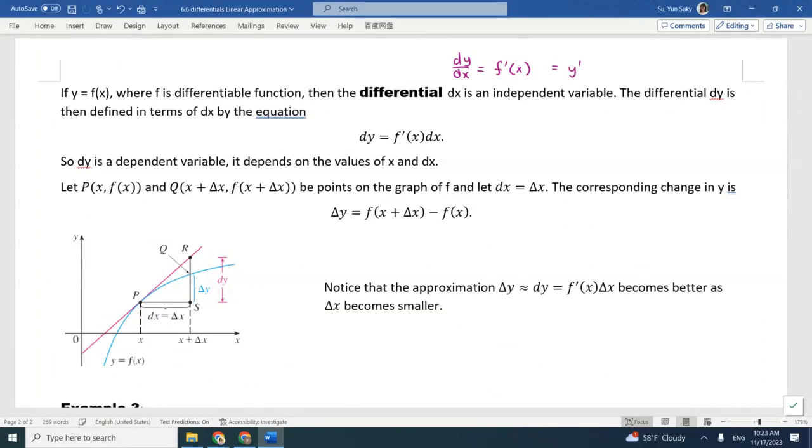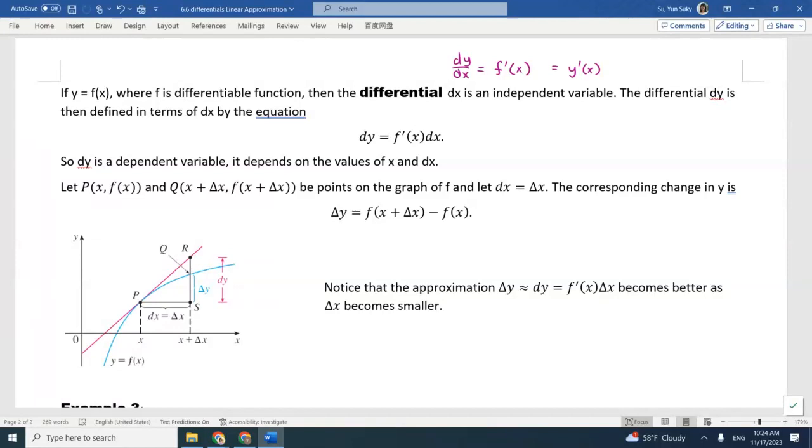You can also write y prime of x. They all mean the same thing. So for the differential form, multiply both sides by dx, and you get dy equals f prime of x times dx. This is called the differential form.